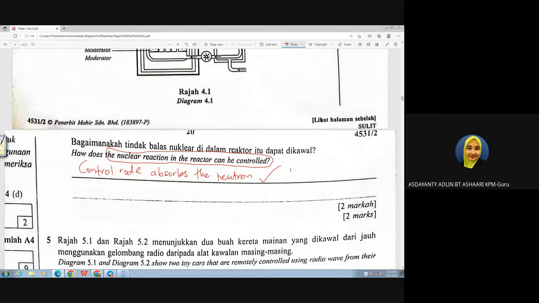Okay, another one. We know that this process occurs very fast. Neutron laju. So how to reduce the speed, the velocity of the neutron? We have to use this moderator. So moderator slow down the neutron.